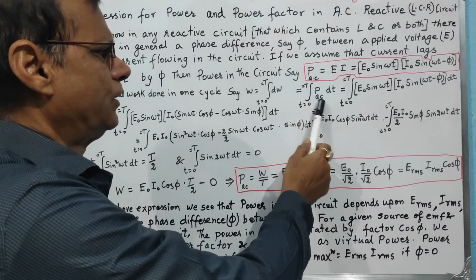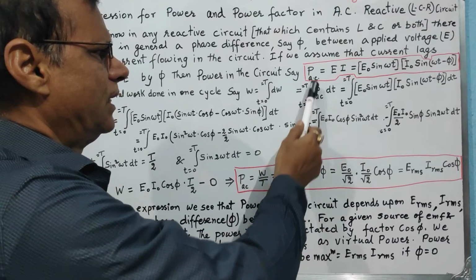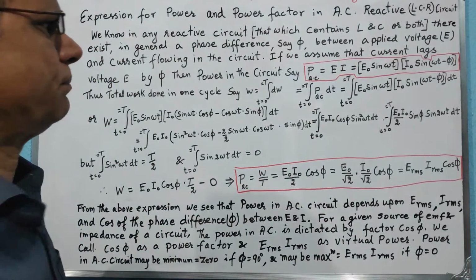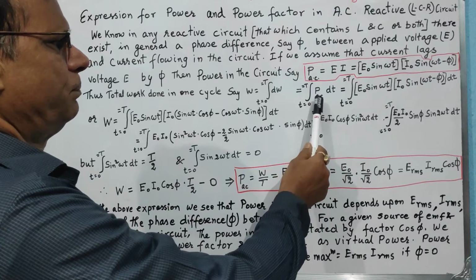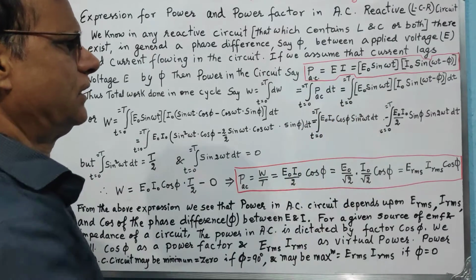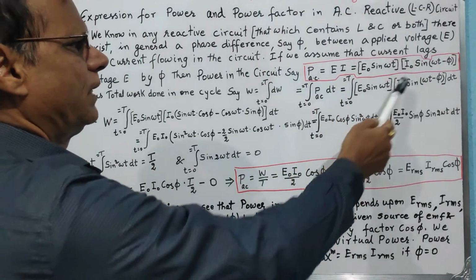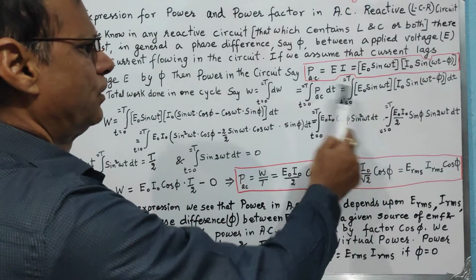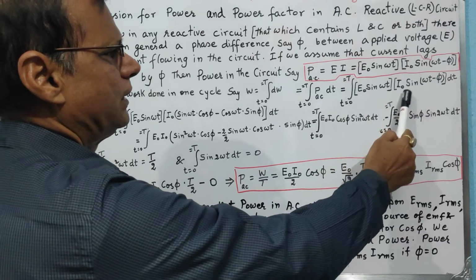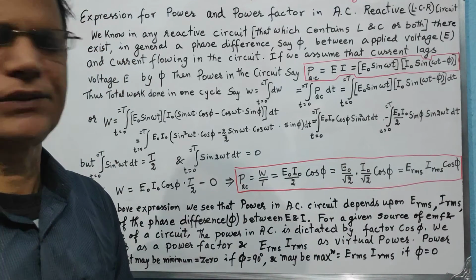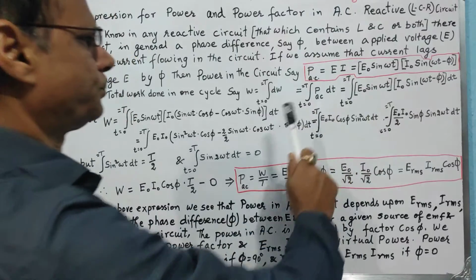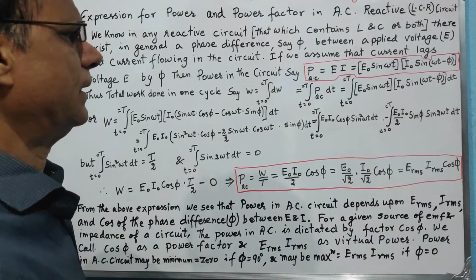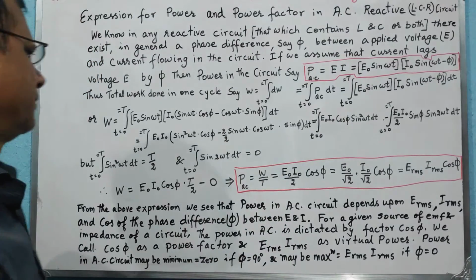Power into time dt is the work done, and we integrate it from t equal to 0 to T. For P we have already got the expression E0 sin omega t into I0 sin(omega t minus phi) into dt. So this is the expression for work done in one complete cycle of AC.